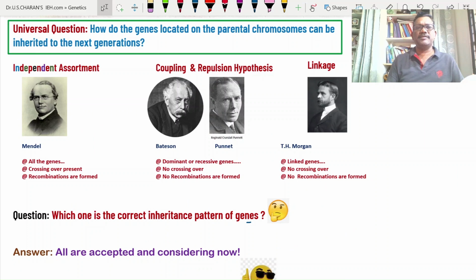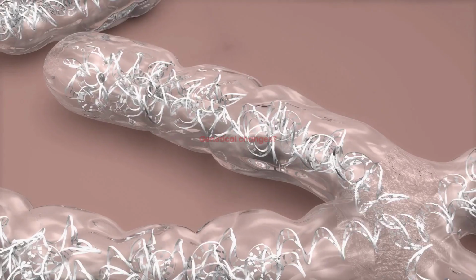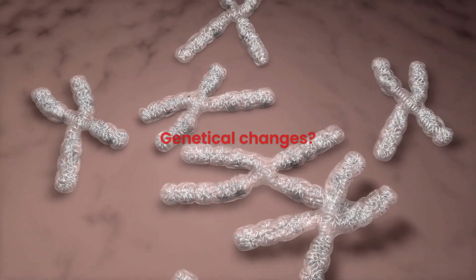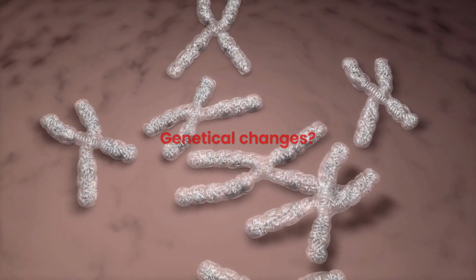Do all organisms follow this independent assortment to transmit genes or alleles from the parents to the next generation? No. There are other hypotheses, laws or theories as well. This means independent assortment is one way of transmission. Then immediately we get one question: how can genes located on the parental chromosomes be inherited by the next generation?